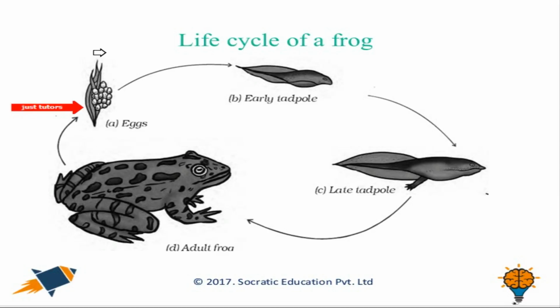From the egg we have the first stage, called early tadpole, and the next is late tadpole. You can notice that these stages are completely different from the adult frog, and later on the late tadpole will become an adult. So that's the difference between the frog and other species.